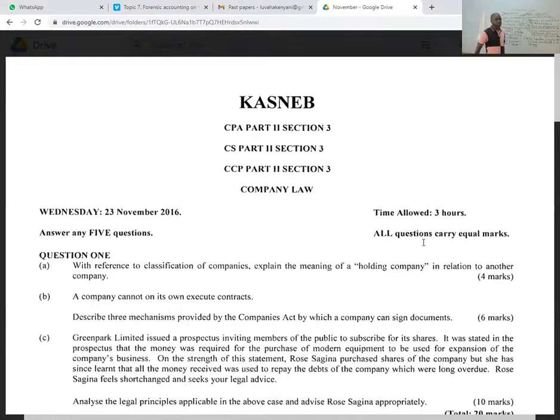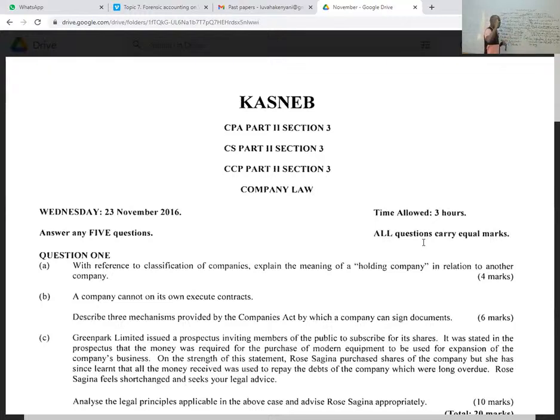Full stop. Then you can just say the other company is a subsidiary, or is known as a subsidiary company. That other company, in which it has acquired a stake or ownership, is known as a subsidiary.